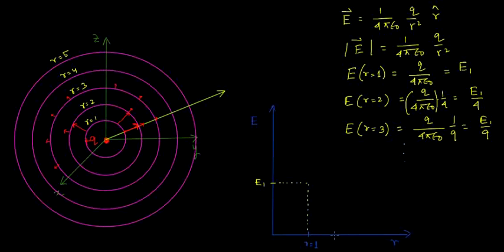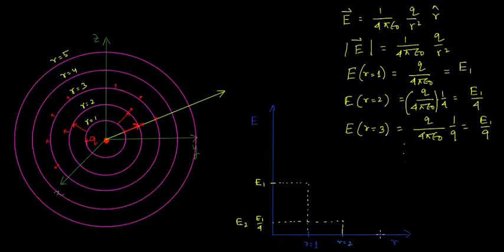Now for r equals 2, it will fall by 1/4, so it will be here. It is E1 by 4, that is E2.